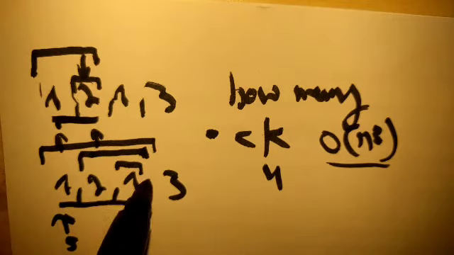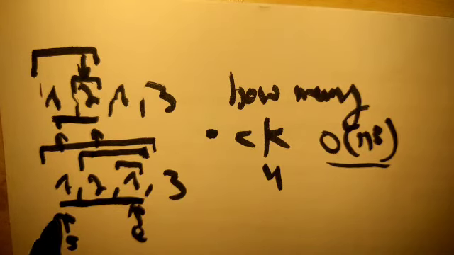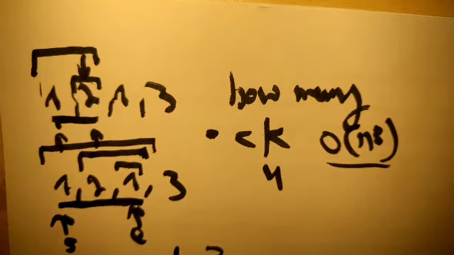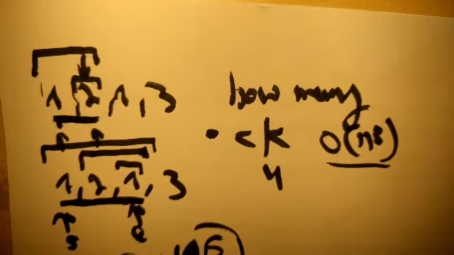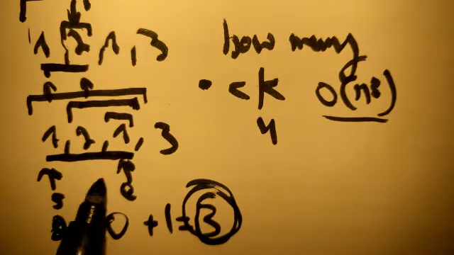You see our start and end index is here. We have an additional 3 numbers, so it's the end index, which in this case is 2, minus the start index, which in this case is 0, plus 1. So we have an additional 3 items.